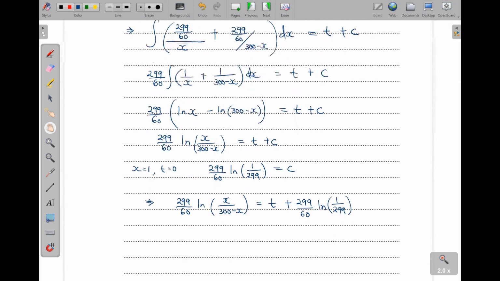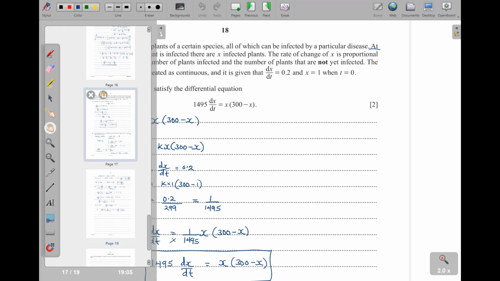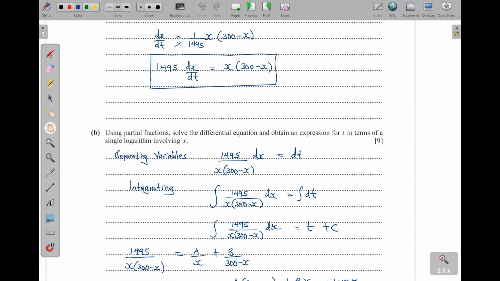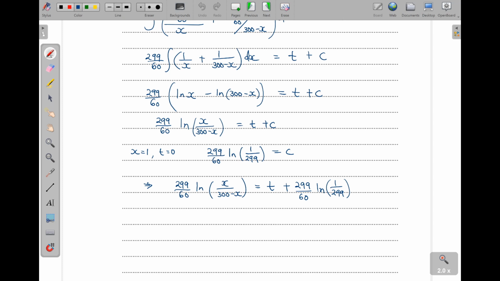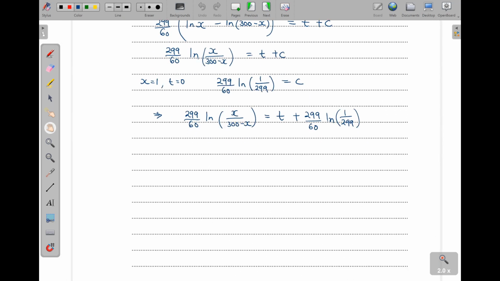And remember, they told us to solve the differential equation, but then find an expression for t in terms of a single logarithm involving x. Okay, so proceeding from here, we are going to make t the subject of the formula. So our t is going to be equal to, actually 299 over 60 is common. So I will have here natural log of x over 300 minus x, like that.